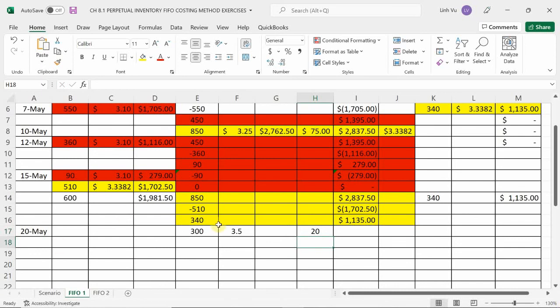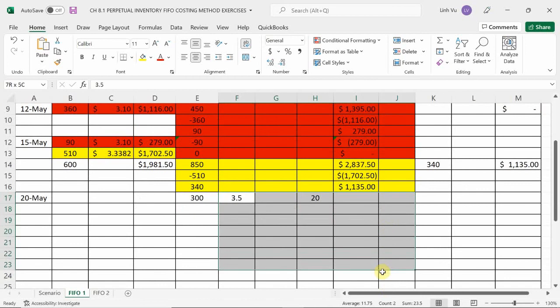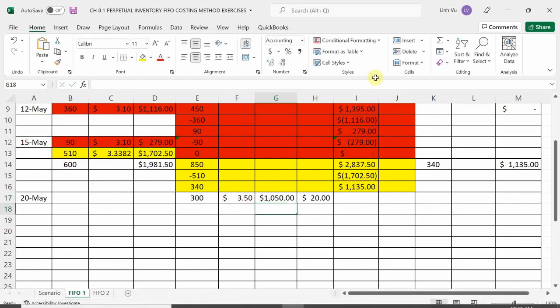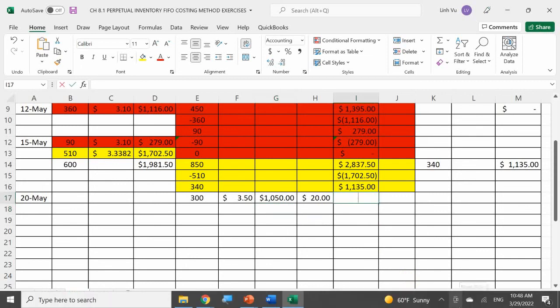Okay, so in this case, what is my total purchase price? $1,050 plus 20, $1,070.